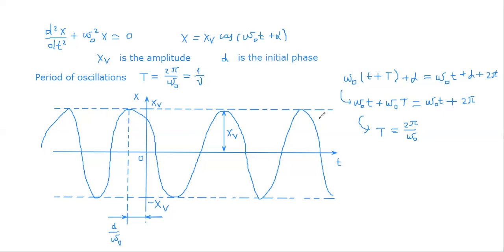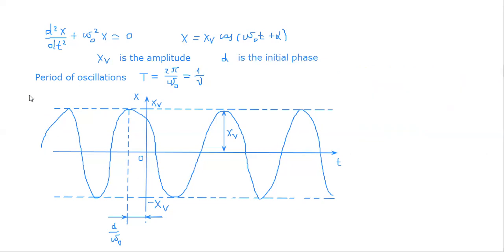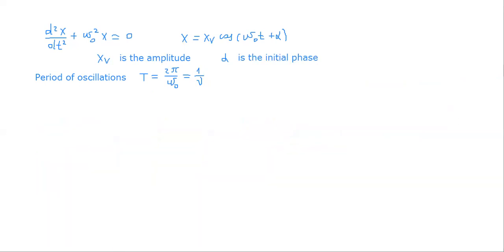Now I will explain this value. Eta is the number of oscillations per unit of time, and this is called linear frequency.